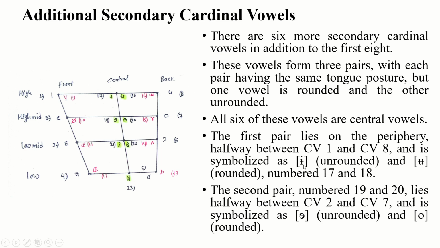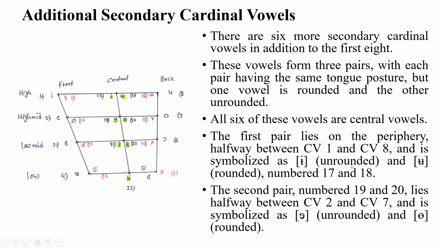Number 17 is symbolized as this one, and it is an unrounded cardinal vowel. And 18 is symbolized as this one, and it is rounded, and they are numbered as 17 and 18.